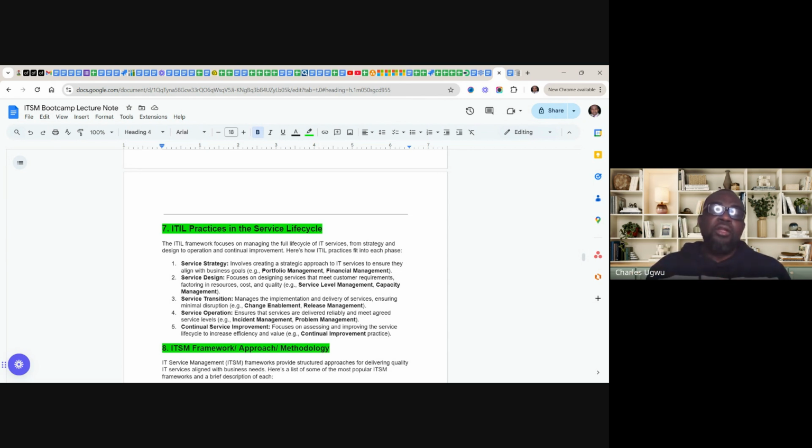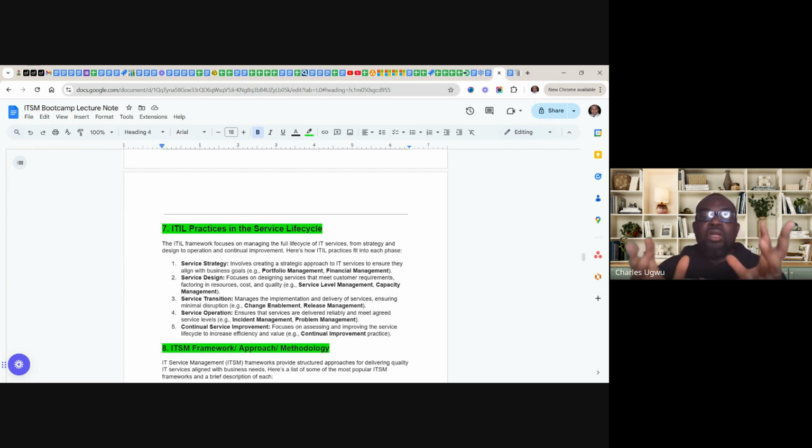So under service strategy, it involves creating a strategic approach to IT services to ensure they align with business goals. Example, portfolio management, financial management, and so many other management.